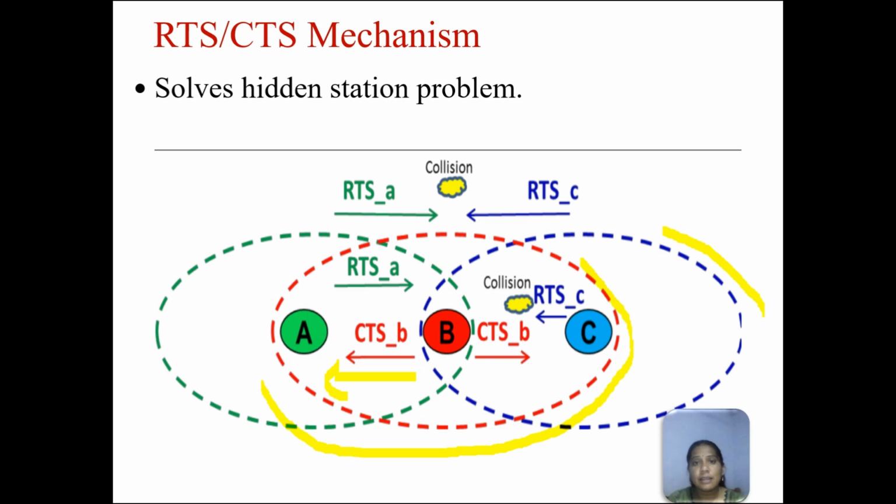The CTS is also heard by station C. Once station C hears the CTS, it knows the medium is reserved and it stays silent. Now station A transmits the data safely to station B, and finally B responds with the acknowledgement. This way, hidden stations are alerted through CTS and collisions are avoided.